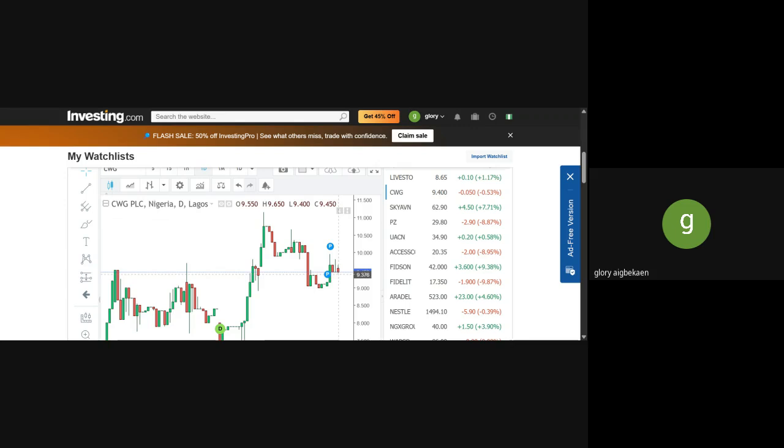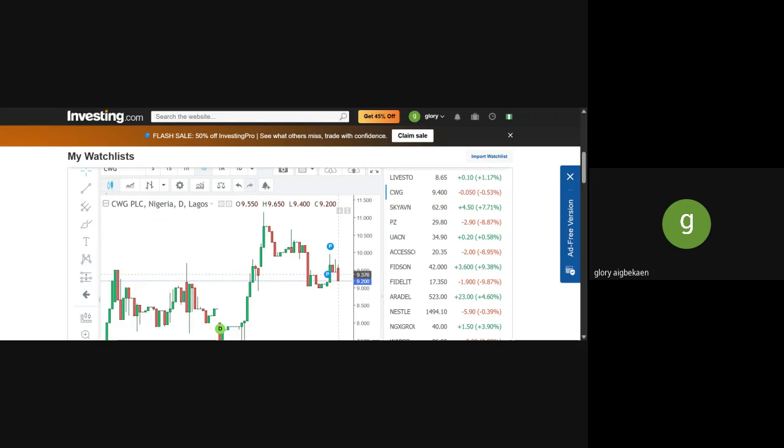So what happened is what we call a pullback, profits taken. Some people saw that they have made some money, and so they want to take it off the table. When they are booking their profits, they are selling, and that will pull the price of the stock back.